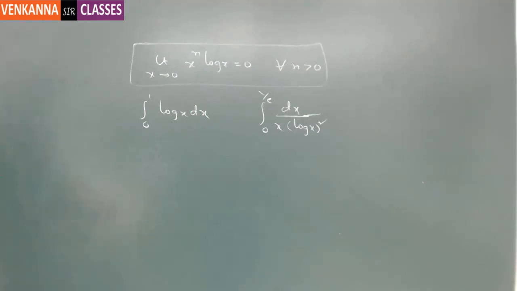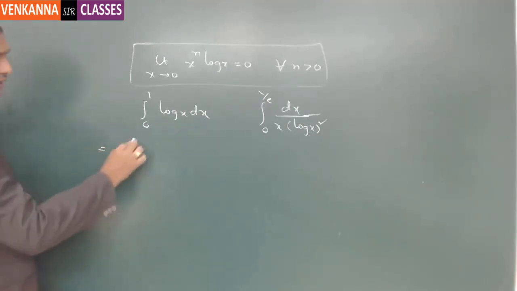So let us consider the first one, integral 0 to 1 log x dx. Now what is the point of discontinuity here? 0. 0 is the only point of discontinuity for the function log. Accepted? Right. So let us evaluate the limit as it is.